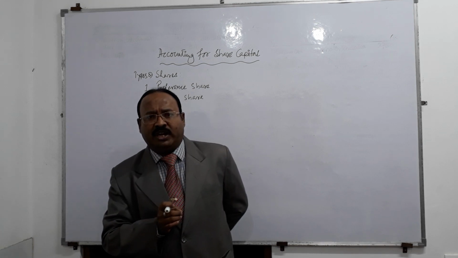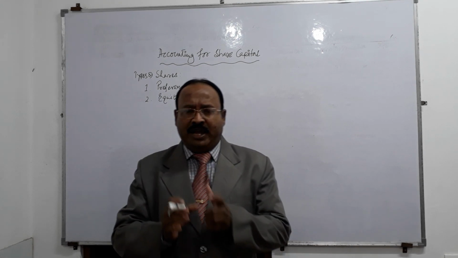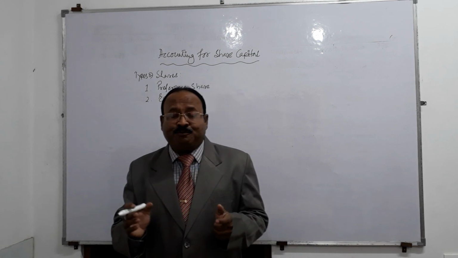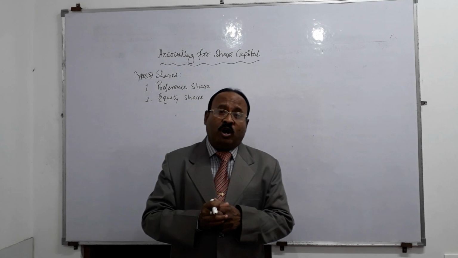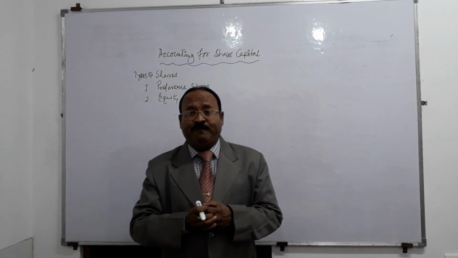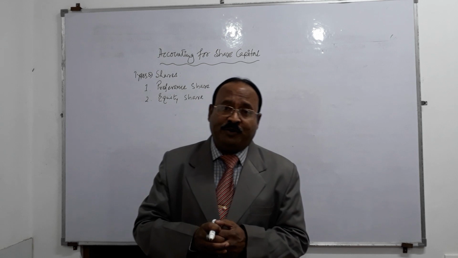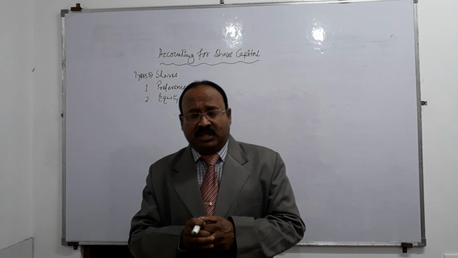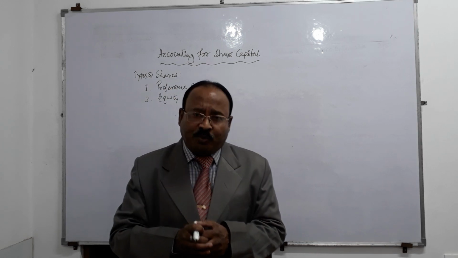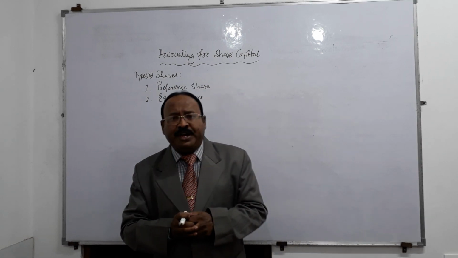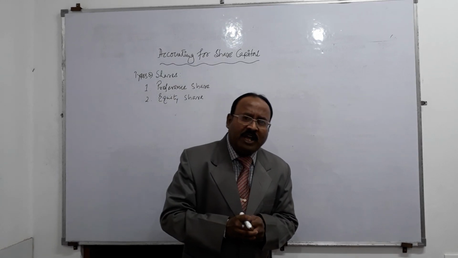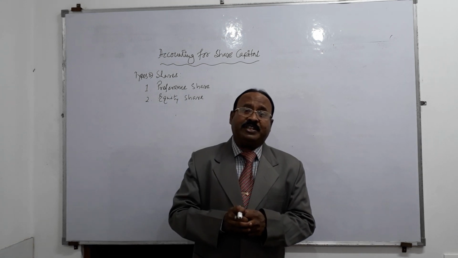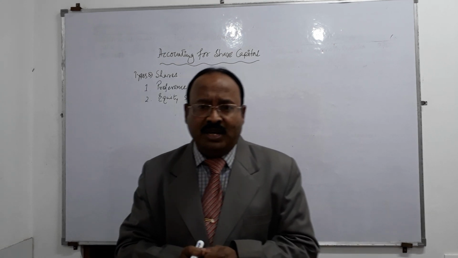The amount of dividend is not fixed, and it depends on the amount of the residual profit after paying interest to the debenture holders or long-term borrowings, after paying corporate tax to the government, and after paying dividend to the preference shareholder.